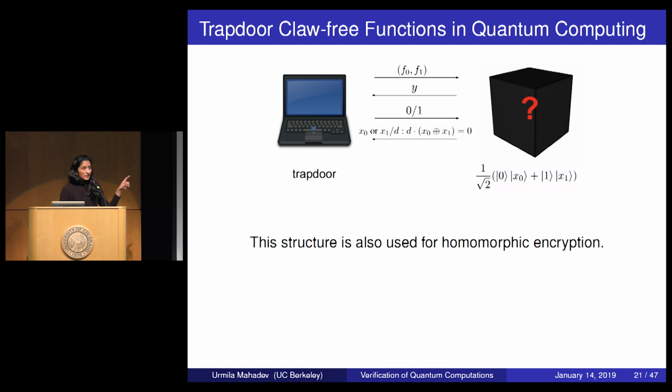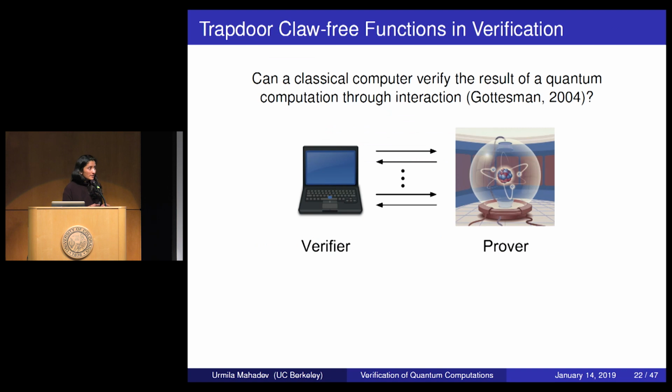So I'll talk about this tomorrow, but this result relies heavily on trapdoor claw-free functions. Now, in this talk, I'm going to go back and show you how these trapdoor claw-free functions can be used for the question of classical verification of quantum computations.